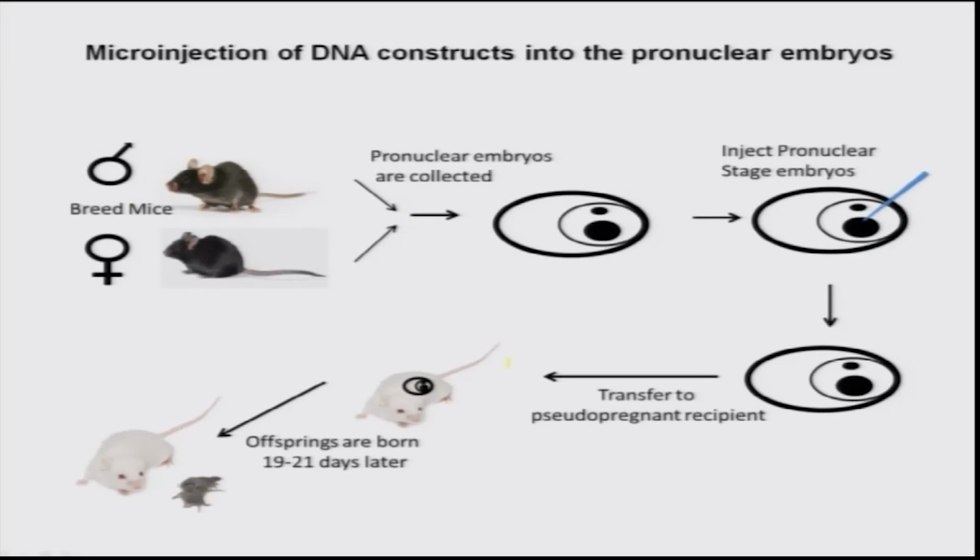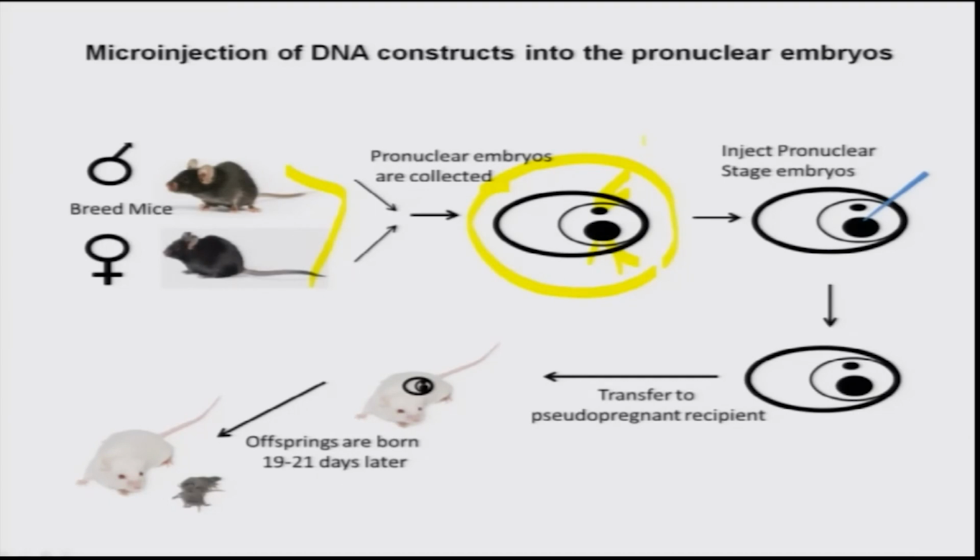So, what you do is you cross a male and female to get embryos, right. These are embryos that are still single-cell zygotes. You have the nucleus from the egg and the nucleus from the sperm yet to fuse. That is the stage at which you integrate the DNA that you want. So, you set the crosses, anesthetize the female, and take out all the embryos that are just fertilized, but the male and female nuclei are yet to fuse.